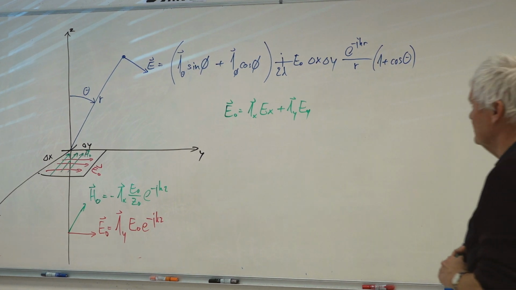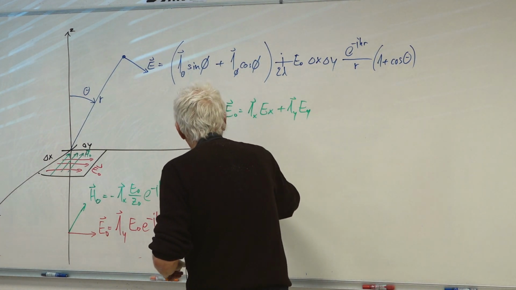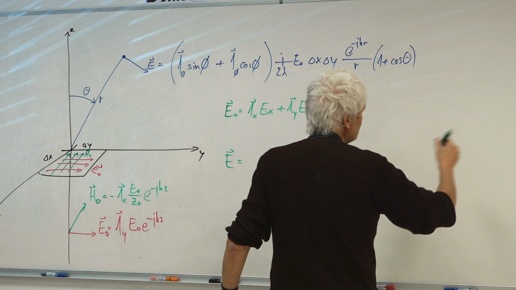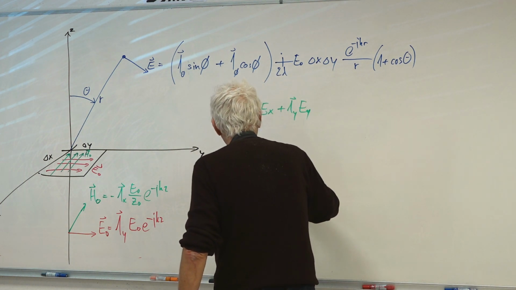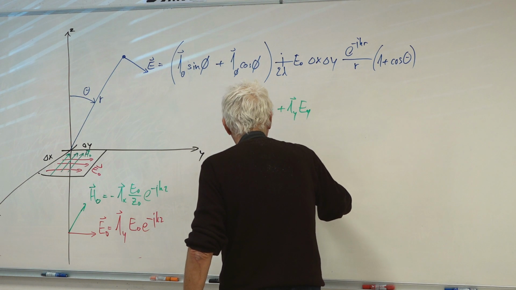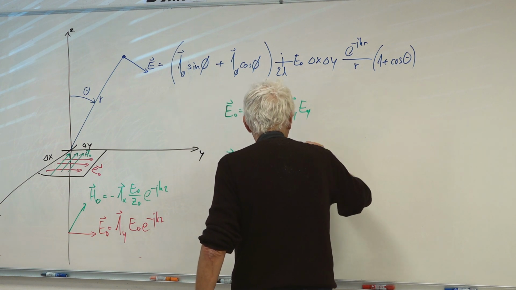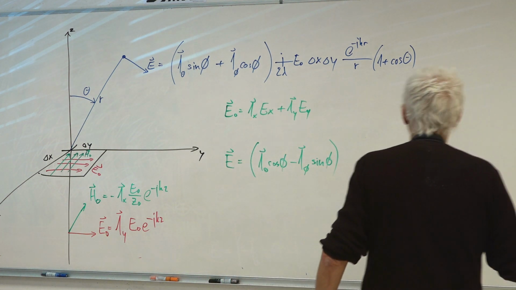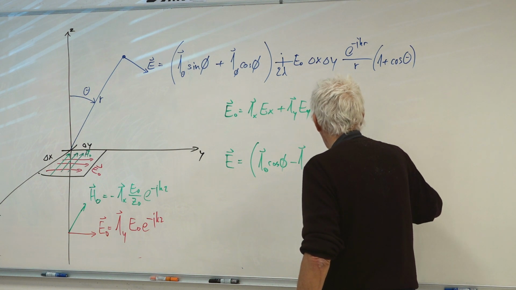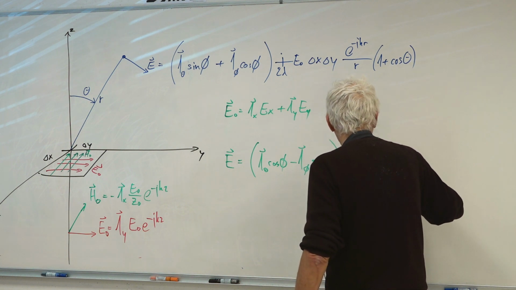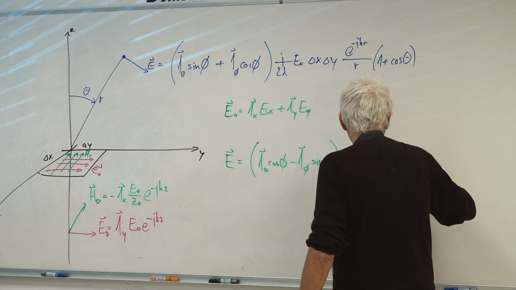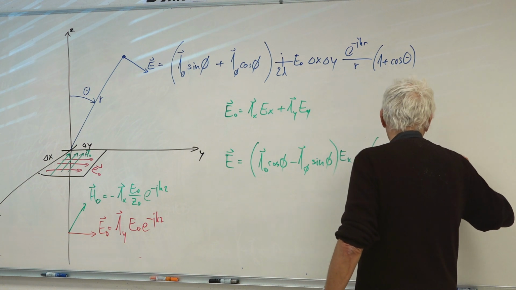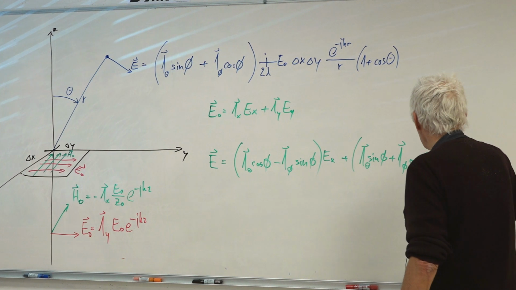Summing both things together, the radiated electric field is now, the first term is for (1 theta cosine phi minus 1 phi sine phi) times Ex, plus (1 theta sine phi plus 1 phi cosine phi) Ey.